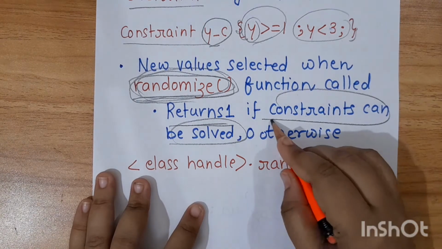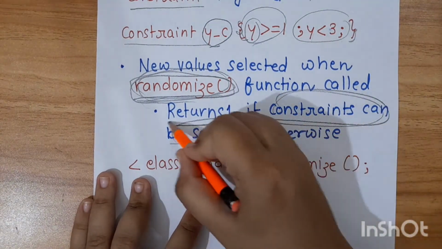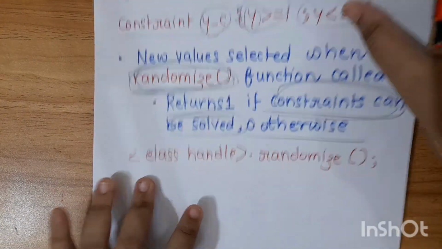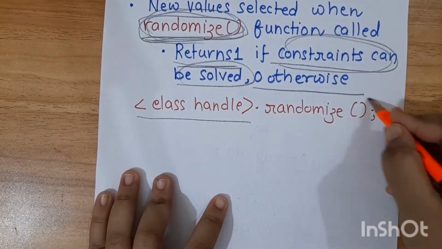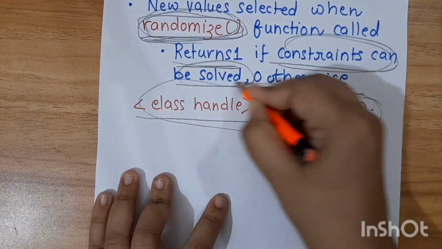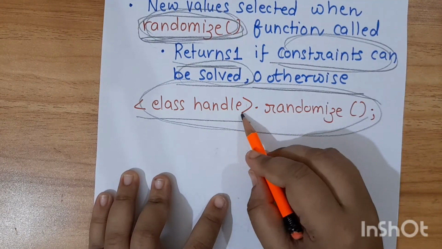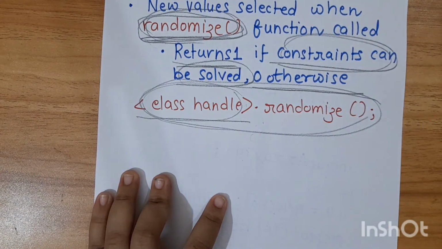If constraints are solved properly, this randomize function will have the return value of 1, otherwise 0. So we put it like that, class handle dot randomize. This is the way this randomize function is used. For the class instance, that is the class handle, I have to put the name of that, then dot randomize. Then it will do the randomization of the fields in the class.